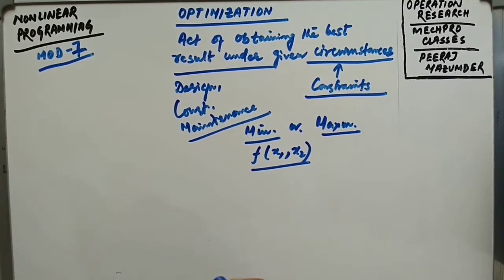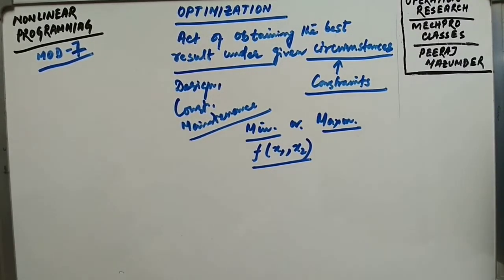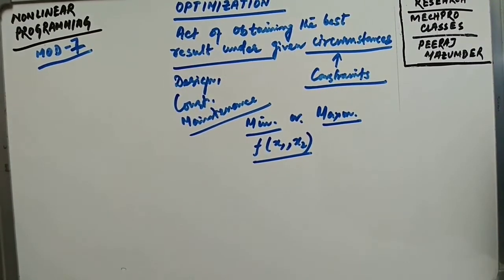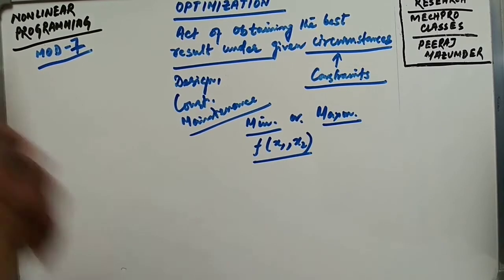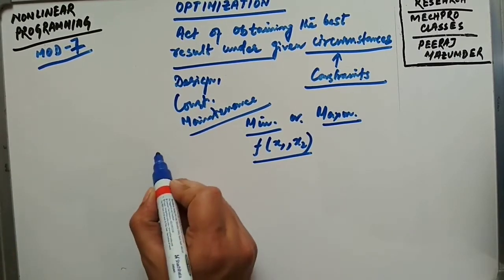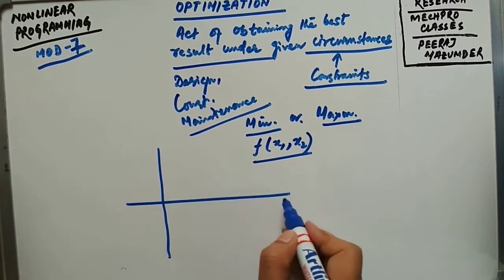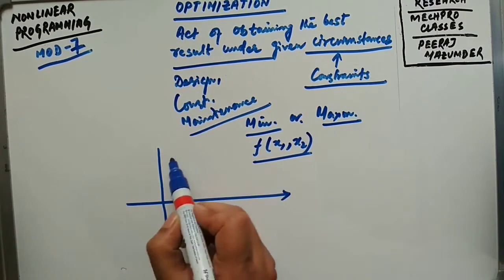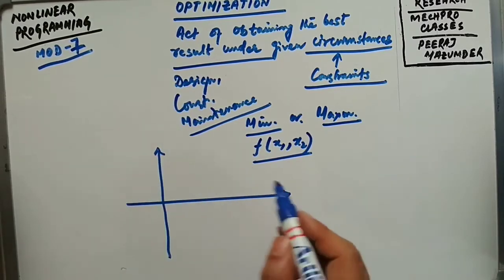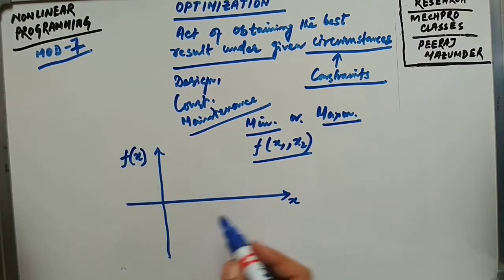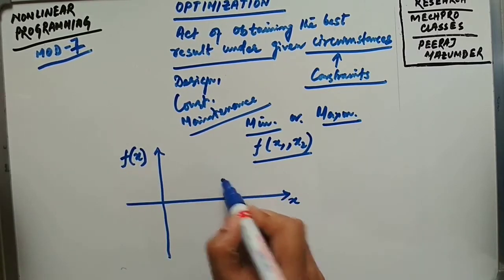I must draw you a diagram which will make your concept much clearer. In the minimization problem, where we found the dual of the primal solution, I will show in a graphical way, which will help you remember more easily. Say this is x and this is f(x). We have a graph.